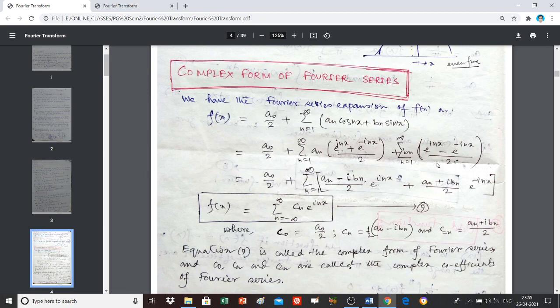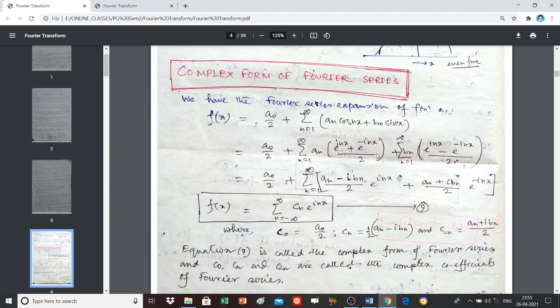That will give you minus 2 in the denominator, and that will give you minus i bn by 2. So from here we get (an minus i bn) by 2 times e to the inx.